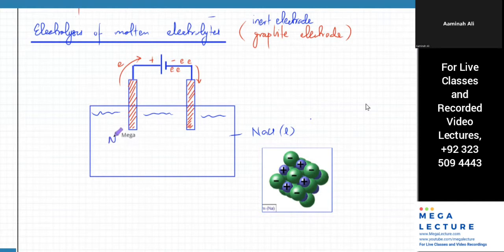NaCl has a high melting point. So the Na+1s and the Cl-1s are all sliding past each other, just like water. In liquid, molten state, they're all moving around. Is that clear? Yes, sir. Okay, so this thing has melted.